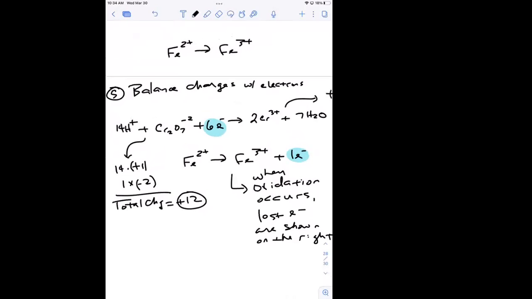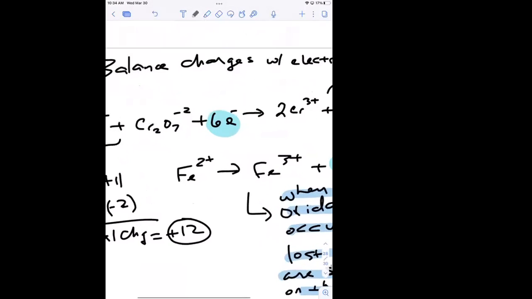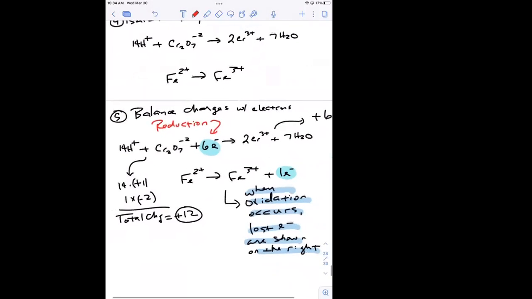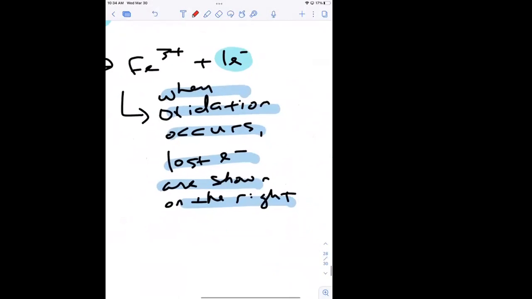By the same token, what happened up top with the chromium? It looks like chrome got reduced. Is that right? Because, well, not chromium, but the chromate, the chrome in chromate got reduced because we added 6 electrons. So this is the reduction side over here. So we show the electrons on the left. So when reduction occurs, you show the electrons on the reactant side, right? The right is the product side. Let me put that in here.